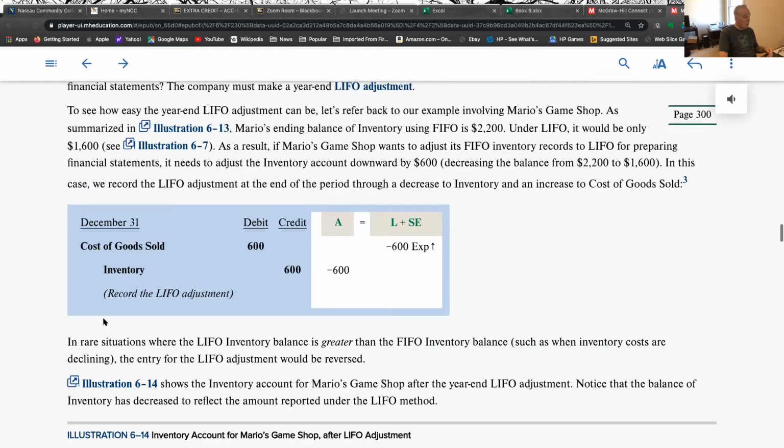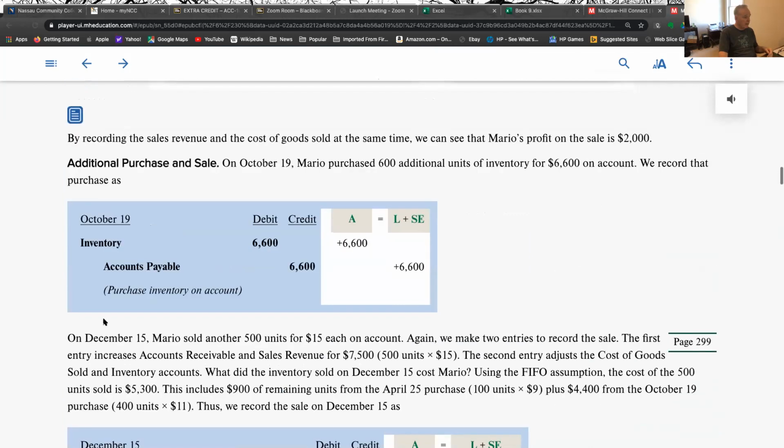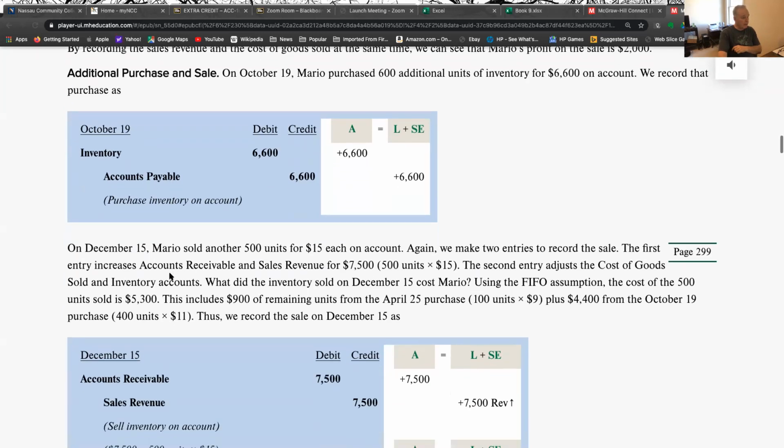Now, what happens when I go out and purchase more inventory? What entry do I make for that? Here's an example of that. It says October 19th, Mario purchased 600 additional units for $6,600. How do you record that? Debit inventory and credit accounts payable.